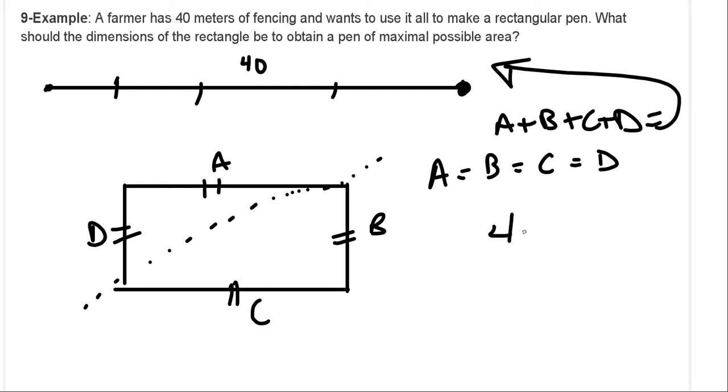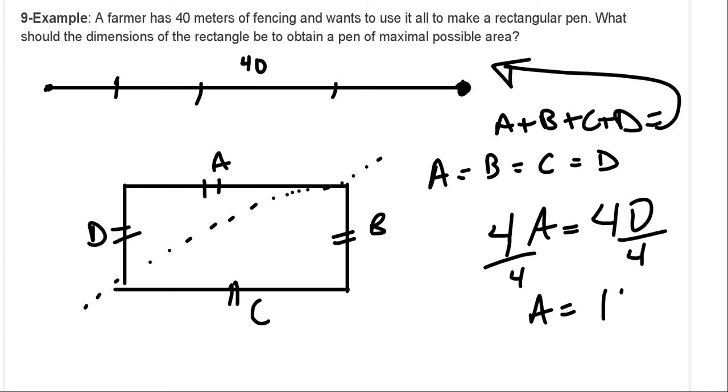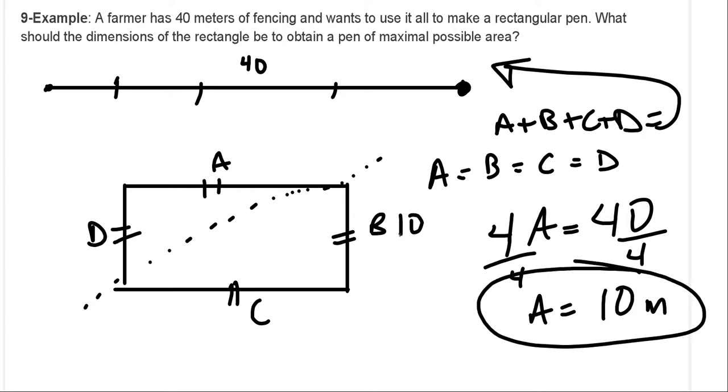That means 4 of any of the sides, 4a, is equal to 40. Divide by 4, and every side would be 10 meters. This would be 10, this would be 10, this would be 10, and 10, if it was a perfect square.